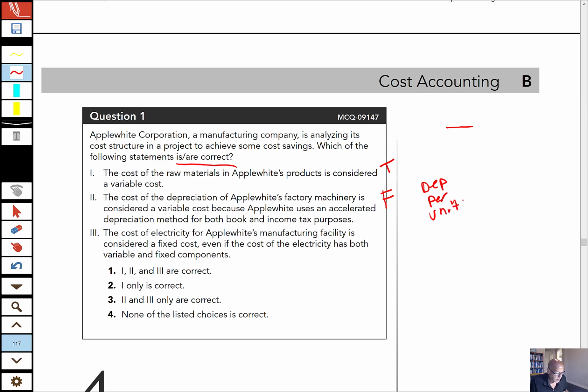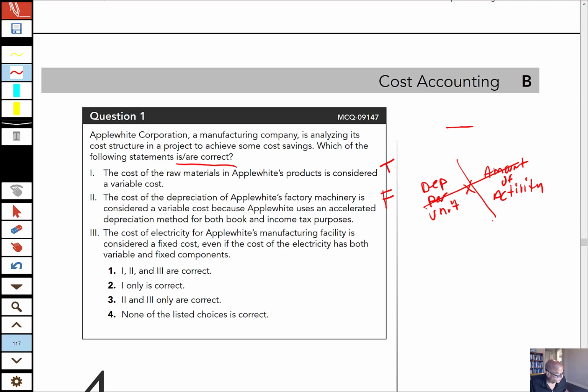And then you multiply that times the amount of activity, then that might start to get us into a world where we could treat depreciation as a variable cost. But even that gets a little problematic, and I doubt that the examiners would even go there with you. But certainly the fact that we're using accelerated has nothing to do with the number of units that we produce, therefore it is not variable.